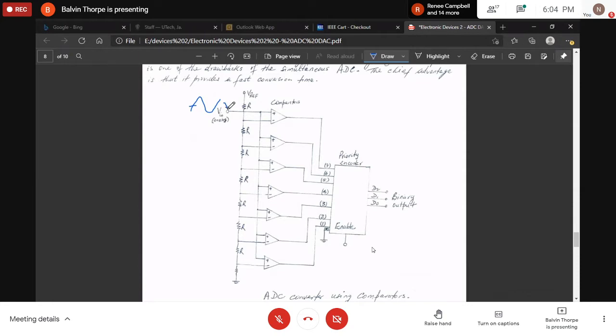Okay. When the signal comes in, based on the value of the signal, the signal is going to be divided up into intervals of time, eh? So at each interval of time, when that signal goes in, that signal is going to be compared to the reference voltage that comes in here.